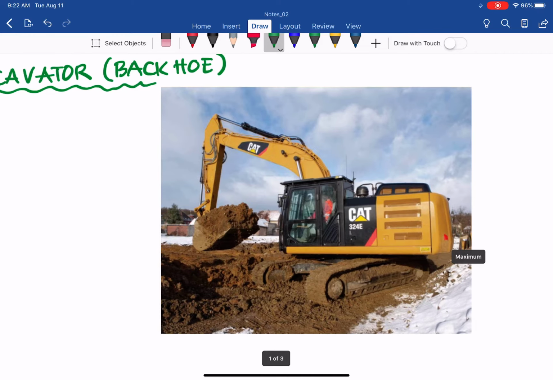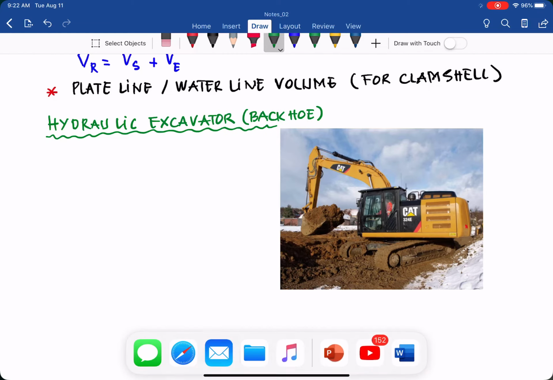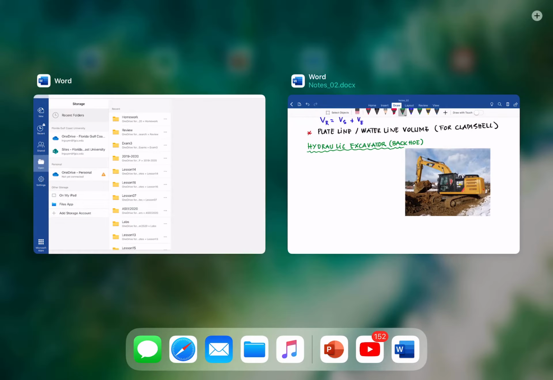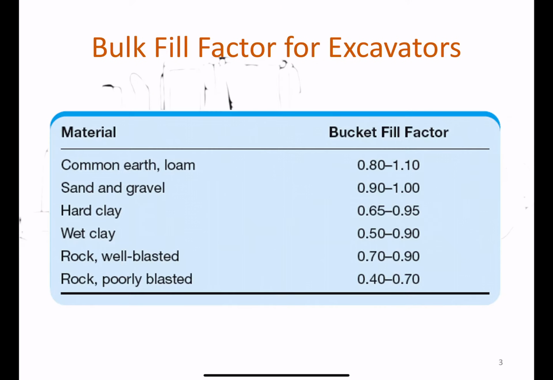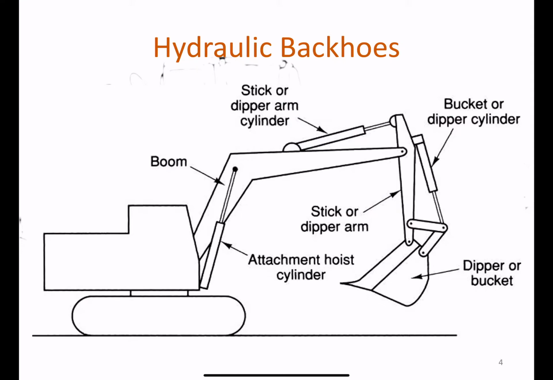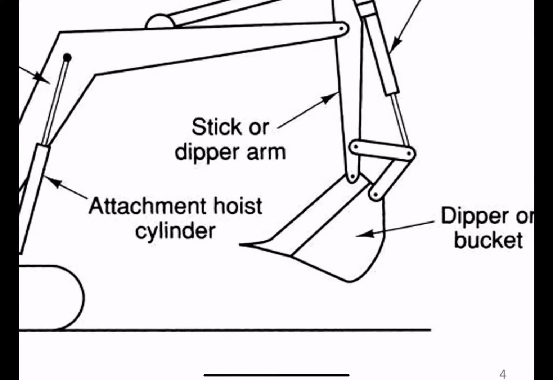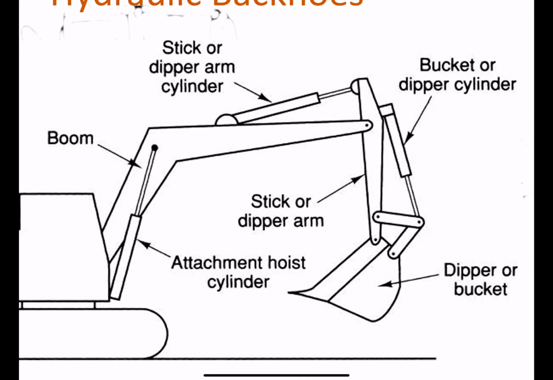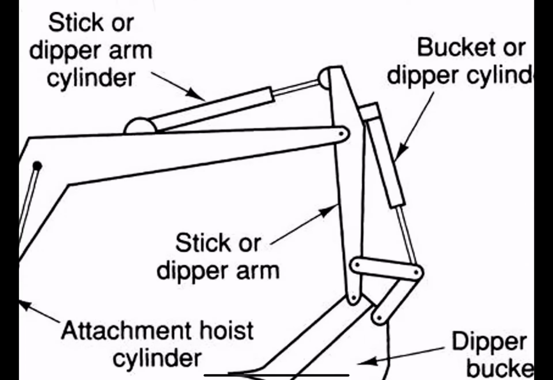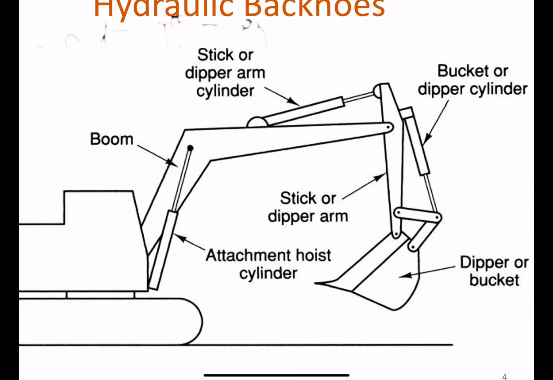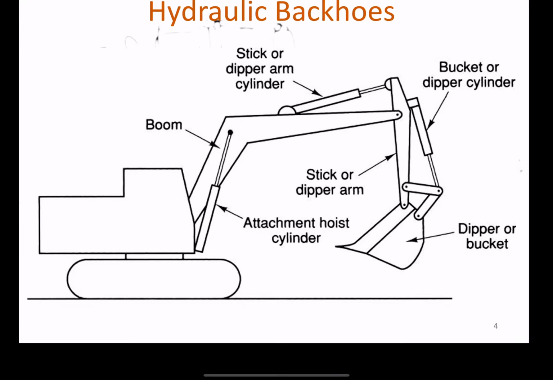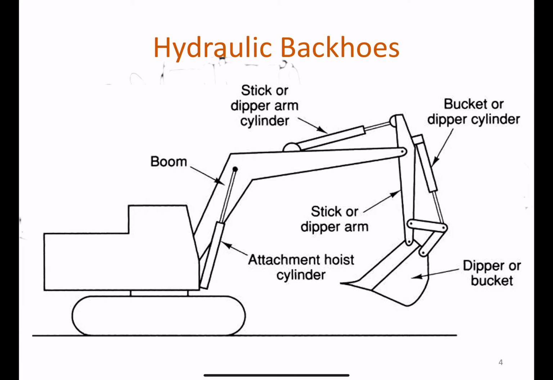You see the boom length, etc. For the concept of boom length, you can go to the slide, with different terminologies: the boom, the dipper or bucket cylinder here, or stick, or dipper arm cylinder. All of that is in the backhoe.